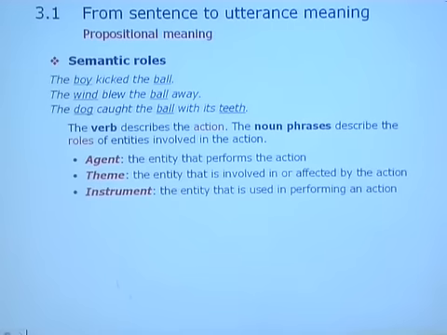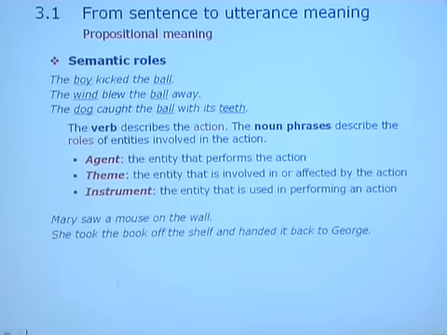Okay? But we have more roles. Look at Mary saw a mouse on the wall. Let's start with the simpler part here. On the wall. What is on the wall? Is it theme? No. Location, yeah, so that's fairly transparent.